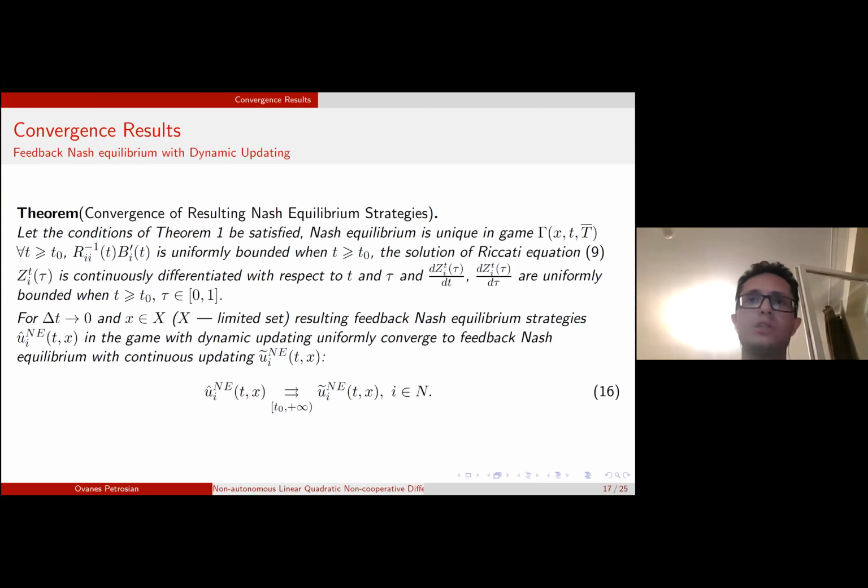Of course, several conditions should be satisfied for the matrices R_II and B_I, and also some conditions should be satisfied for the solution of the Riccati differential equation. But the main idea is that when the length of the interval delta t converges to 0, the dynamic updating converges to continuous updating, and that's what I hope we will be able to see from the model example. Of course, this is all true for the linear quadratic case. For more complex cases, it is much harder to derive.